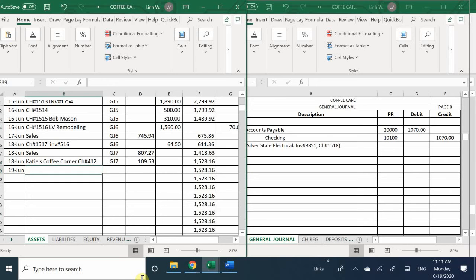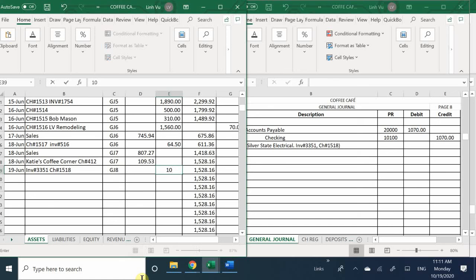Silver State, check number 1518. Invoice can do it all. Invoice 3351, check number 1518. Right? General Journal number 8. Right? Am I debiting or crediting my account?